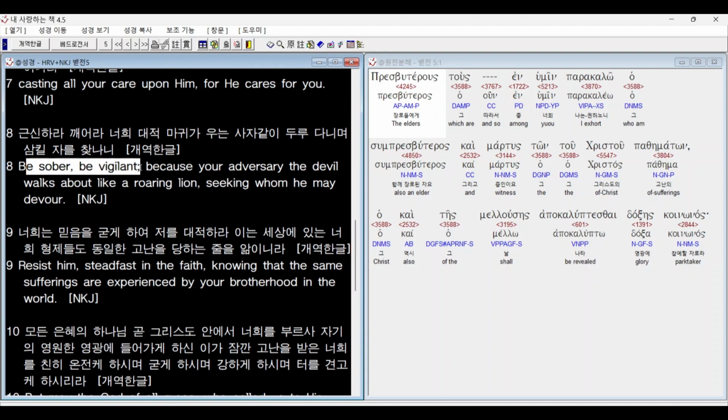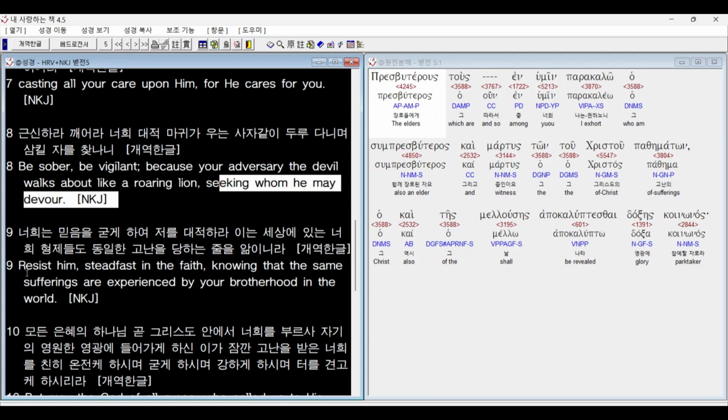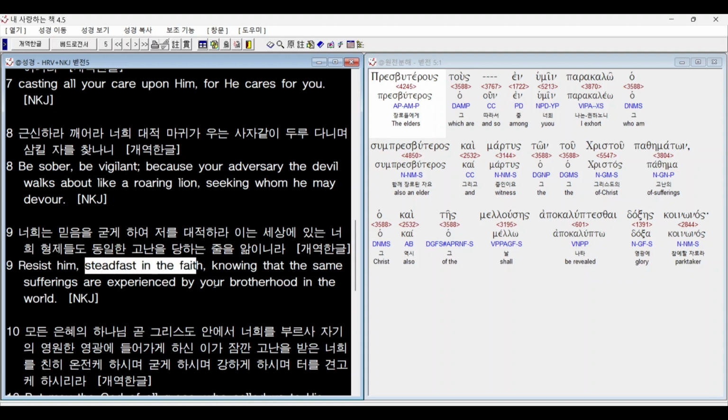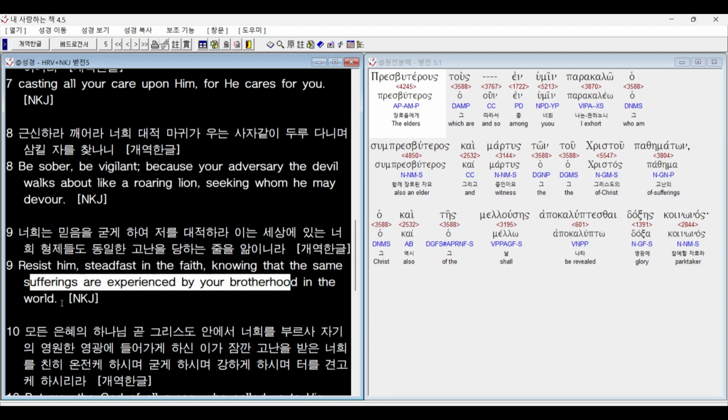Be sober, be vigilant. Your adversary, the devil, walks like a roaring lion, seeking whom he may devour. Resist him, steadfast in the faith, knowing that the same sufferings are experienced by your brotherhood in the world.